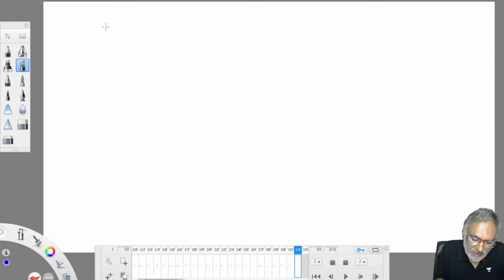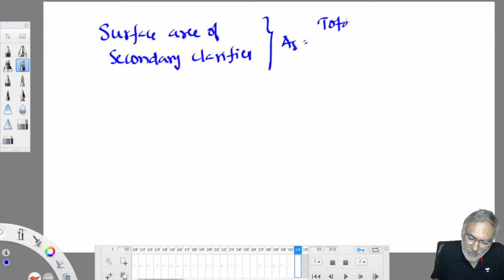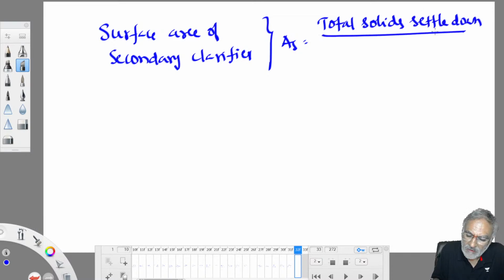So using solids flux rate, you can find out the surface area of the secondary clarifier, which is equal to the total solids to be settled down by the solids flux rate. At what rate do they settle down?